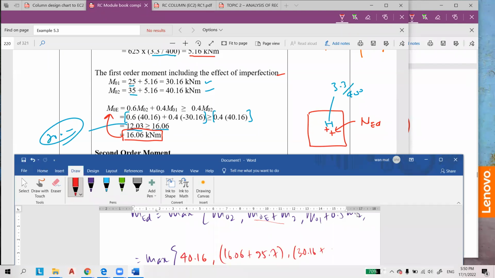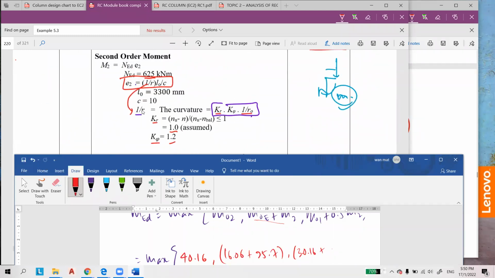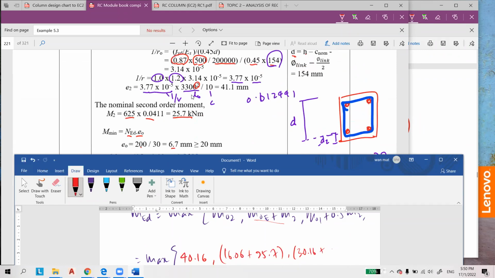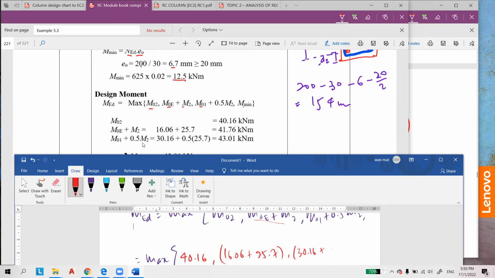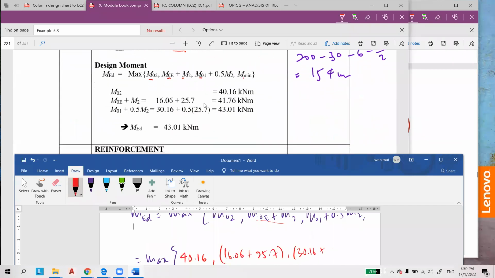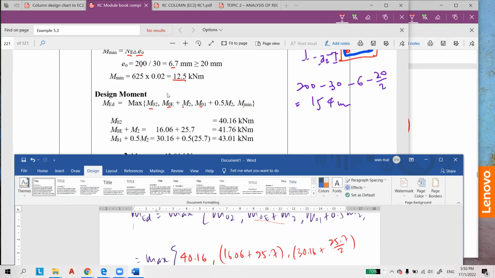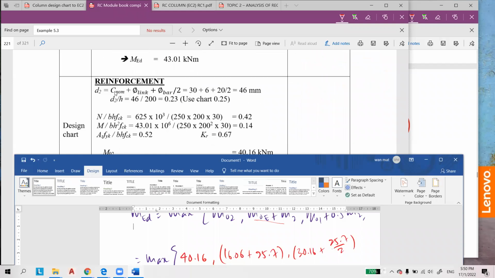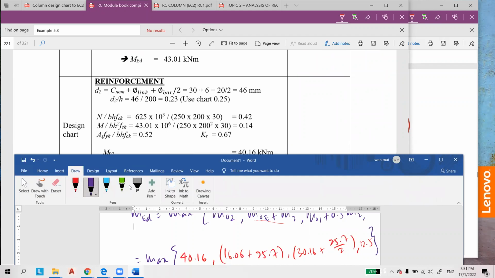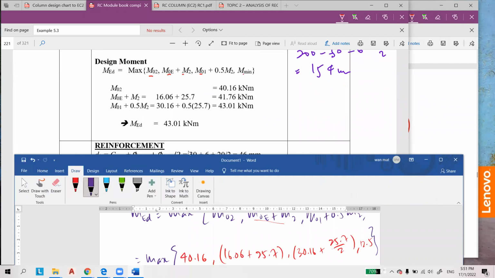M2 is equal to 35.7 divided by 2, and N minimum. N minimum is 12.5. So this is the situation, all four options.